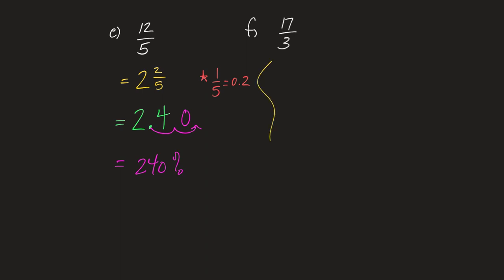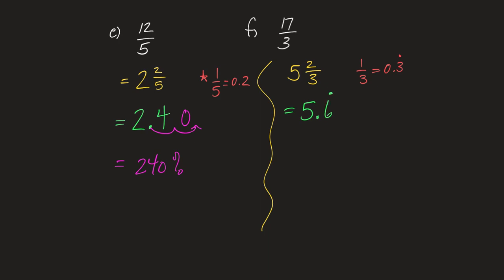Okay, I'm going to confirm on F. Same process, no calculator. I'm looking at how many times does 3 go into 17. That is 5 times. 3 times 5 is 15, so I have 2 left over to get up to 17. So I at the very least know that my decimal form is 5 point something. With no calculator, I know that 1/3 is 0.3 repeated, so 2/3 is 0.6 repeated.